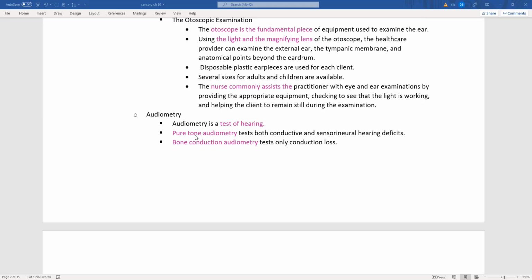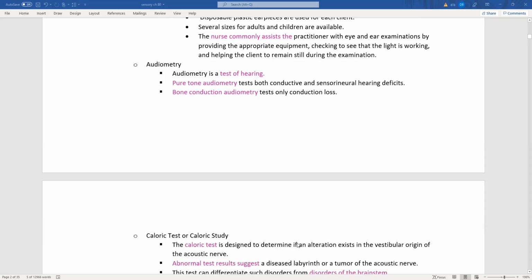And the bone conduction audiometry is going to test just conduction loss. So bone conduction, conduction loss. Pure tone audiometry, both the conductive and sensory neural hearing deficit.